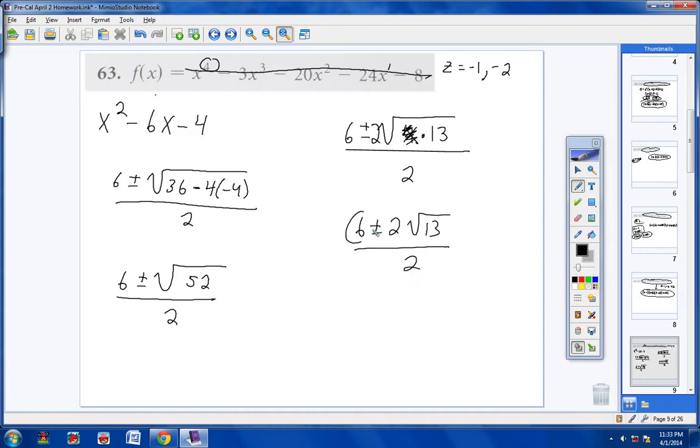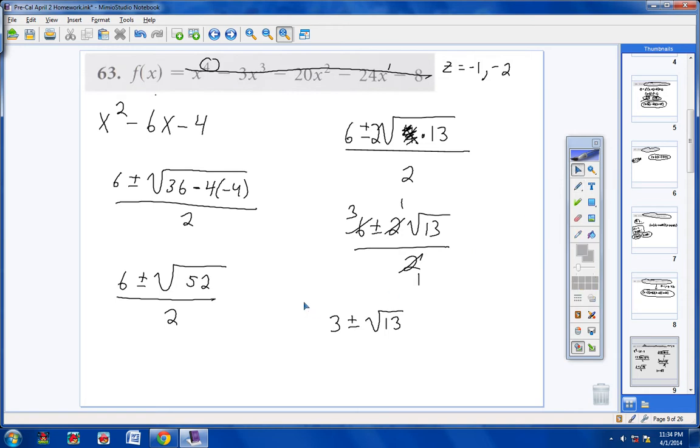And now these three are your outside numbers, and 2 goes into all of them. So 2 goes into 2 once, 2 goes into 6 3 times, 2 goes into 2 once. And so you really have 3 plus or minus 1 square root of 13 all over 1. And you don't need to put it over 1 if you don't want to.